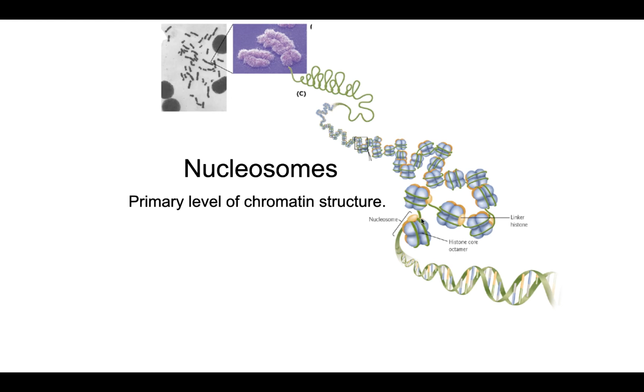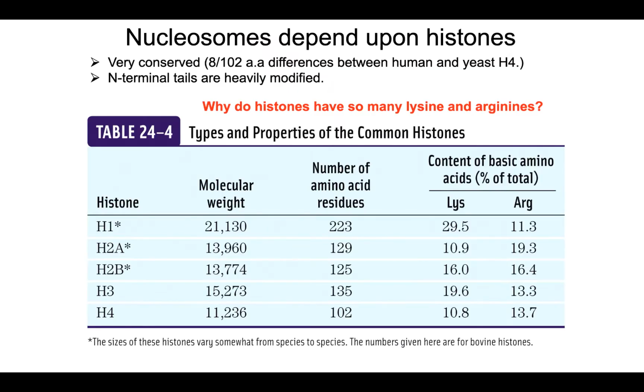a unit of DNA wrapped around a histone octamer core. Now, these proteins are called histones, and there are 1, 2, 3, 4, 5 different histones. Now, H1 is a little bit different.